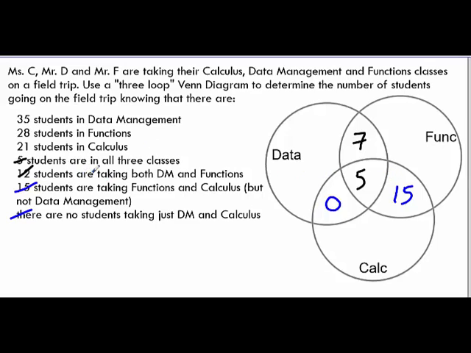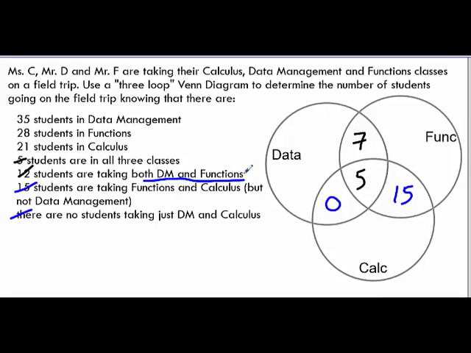You can sort of think about this statement in particular, taking both data management and functions. If I passed you in the hall and said, hey, just wondering, are you taking both data management and functions this year? You wouldn't say, no, I'm taking data management, functions, and calculus, because you also wouldn't say, no, I'm taking data management, functions, and English, and chemistry, and geography, and French.